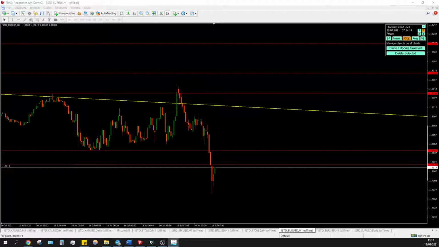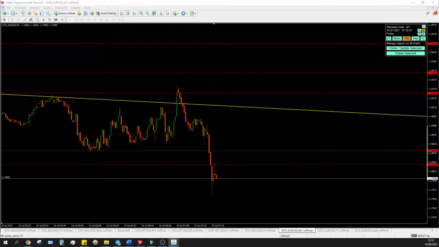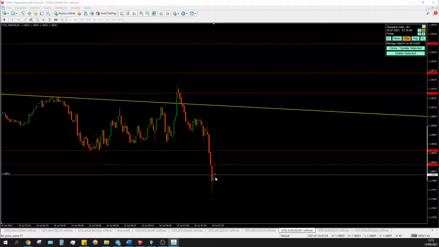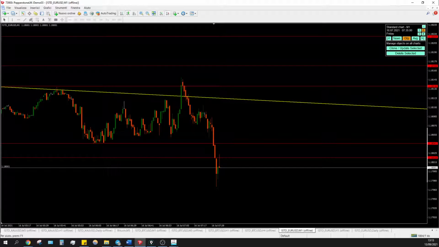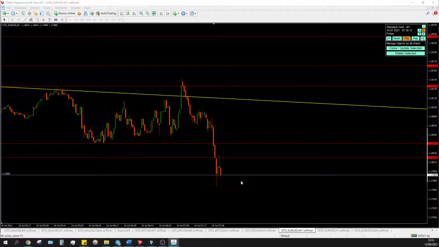Closing so bullish. Okay, this was a nice rejection. I would like to see a top wick and then a continuation down, not just melting, because this one can give me, okay, maybe we have a double bottom and then continuation up.